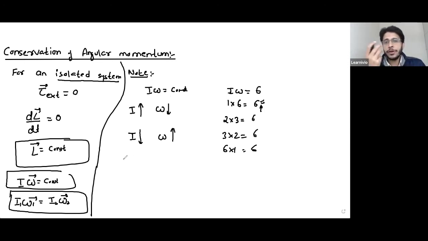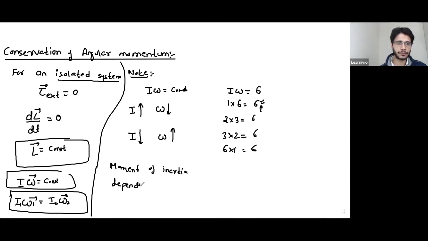Now the next thing is, how would you decide that moment of inertia is decreasing or increasing? See, moment of inertia depends on various factors. One of them is size. So if the size of your system shrinks, then moment of inertia will decrease.